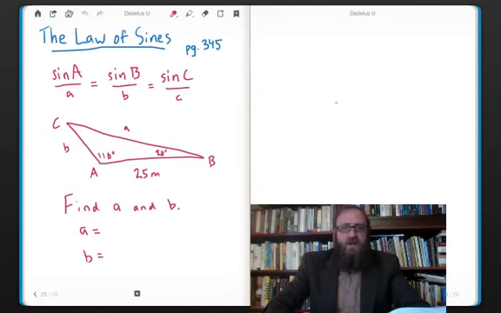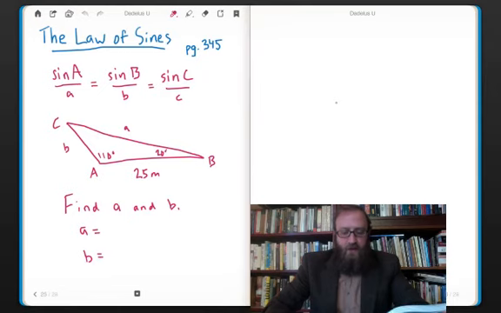So, in general, the law of sines is used to solve triangles, non-right triangles. Of course, if you have a right triangle, you can use regular old right triangle geometry, SOHCAHTOA, and so forth. But let's say we want to solve for the side lengths of a regular triangle, given just a few pieces of information.